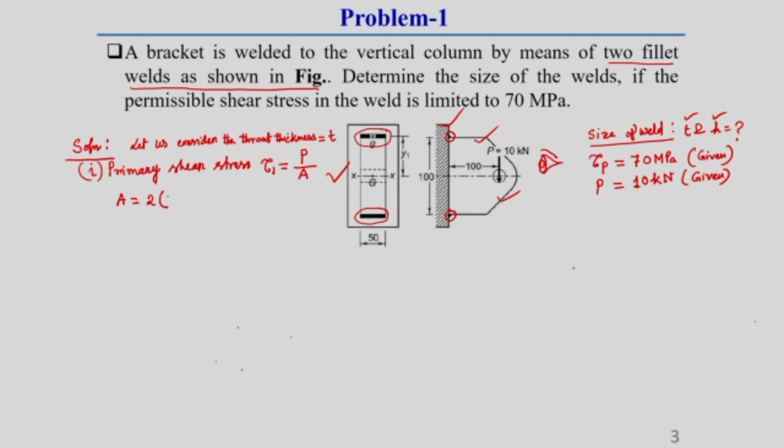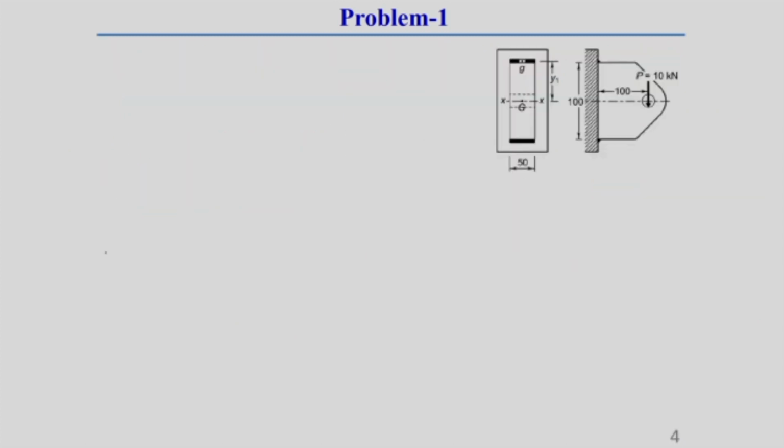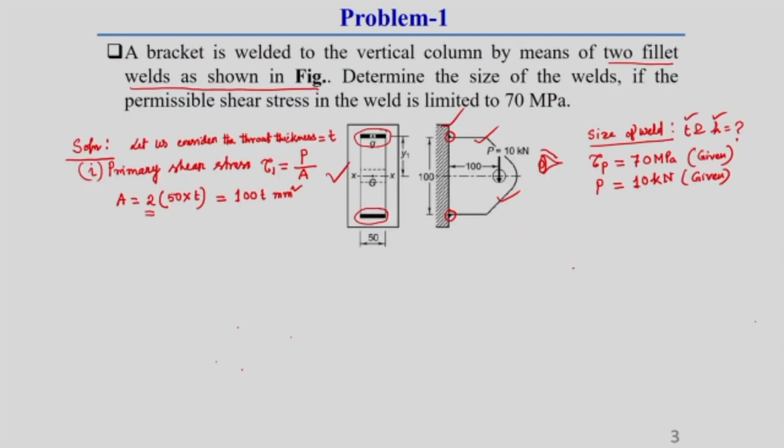The area will be 50, the length of the weld, times T, the throat thickness, and since a similar weld is there, we multiply by 2. So the total area is 100 T millimeter square. What will be the primary shear stress?